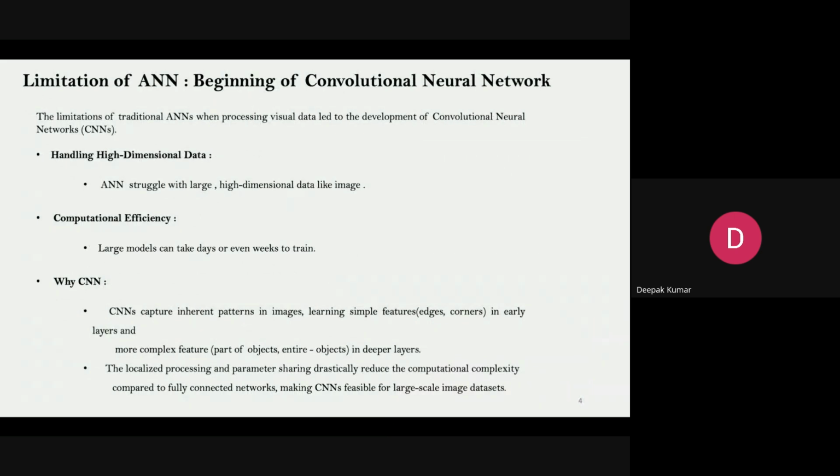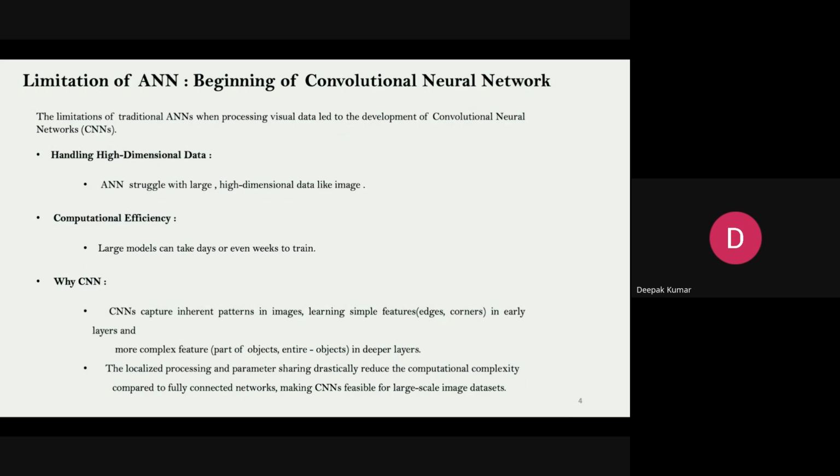These are a few limitations, because if we have, let's say, 1 lakh inputs, processing them by multiplying with weights will be very difficult to maintain. So ANN struggles with handling high-dimensional data, especially images. I will explain how an image is very high-dimensional data, so it could not handle this.